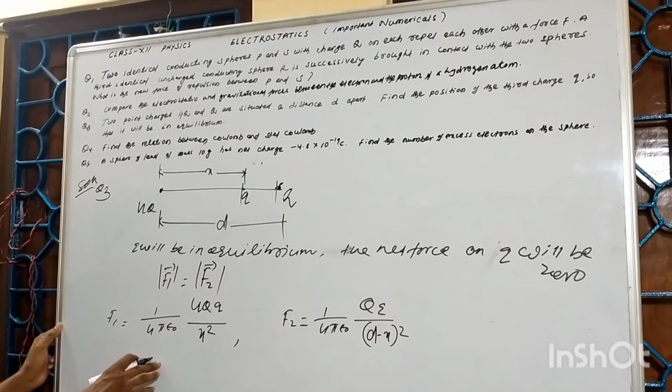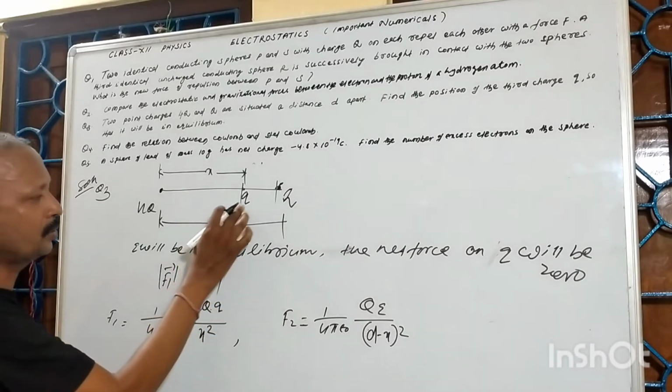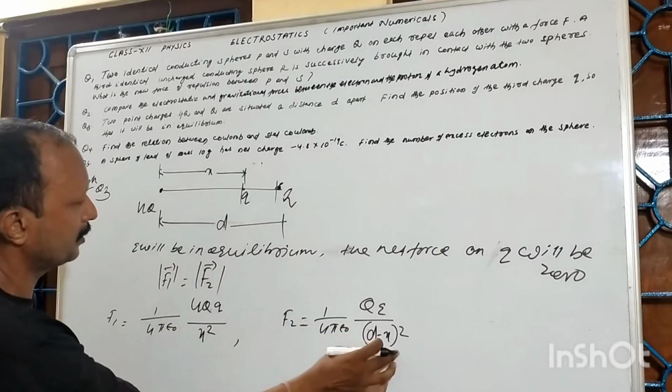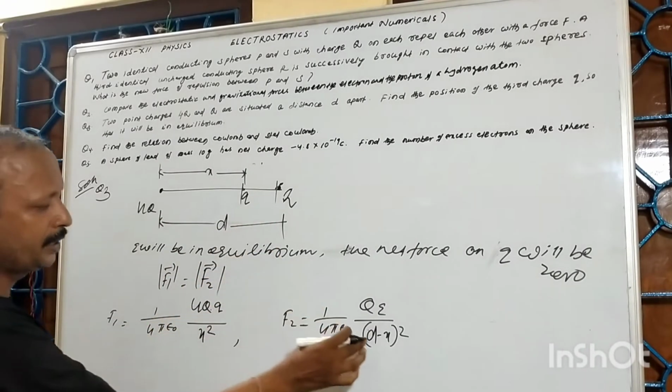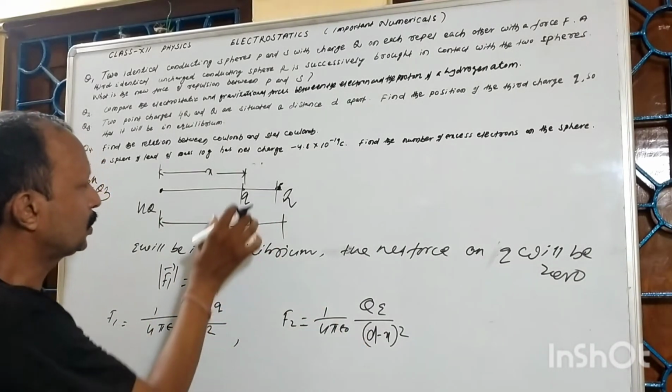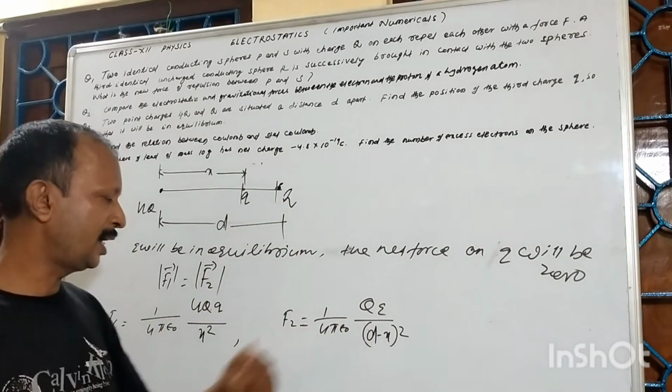I have used Coulomb's law, k q1 q2 divided by r square. Here the distance is x, so I have taken x square. Here to here the distance will be d minus x, because the complete distance is given as d. So since it is x, this will be d minus x square.